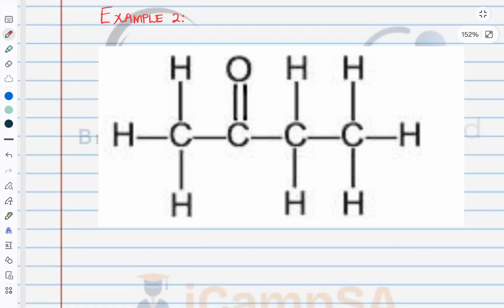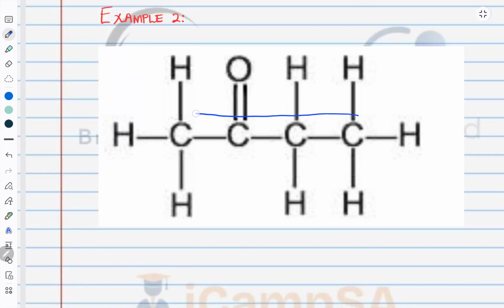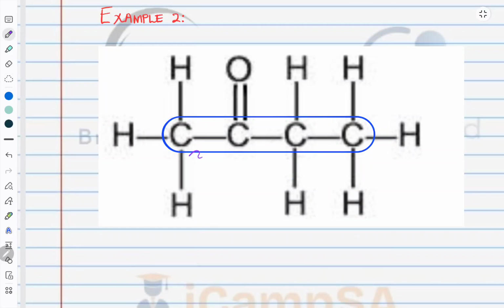So in example 2, our parent chain again is this one. It's the longest continuous carbon chain that we can find, right? And then here, if we start numbering from left to right, we will have carbon 1, carbon 2, carbon 3, and carbon 4.